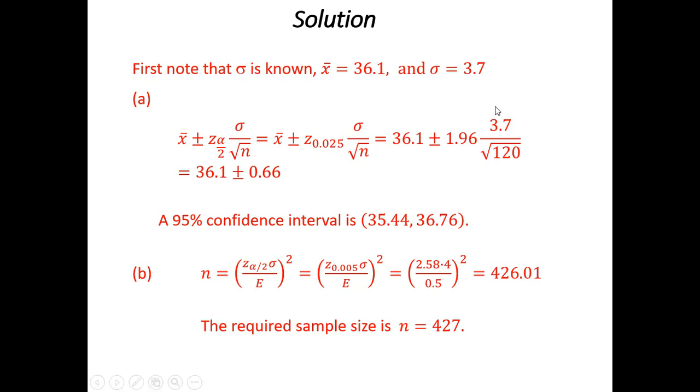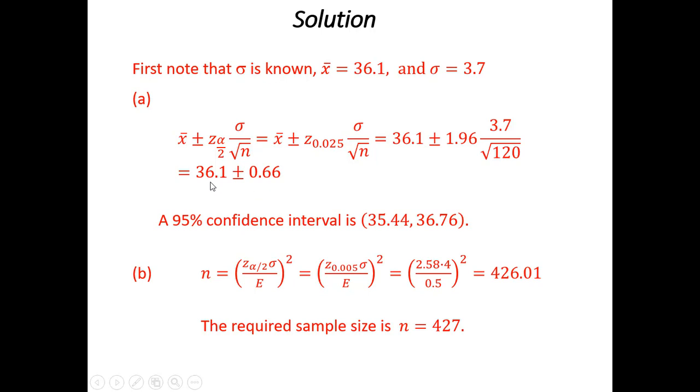The other terms we're just given, we substitute in. The sample size n was given to be 120. So we work this out. It's easiest to work out this term here, again, this is sometimes called the error term. So when we work out the error term, we get 0.66. So I have my sample mean plus or minus 0.66.